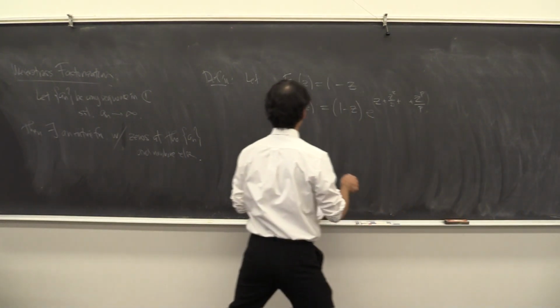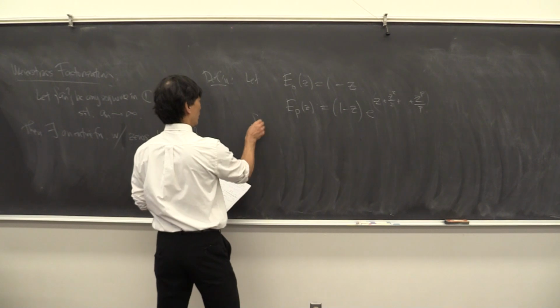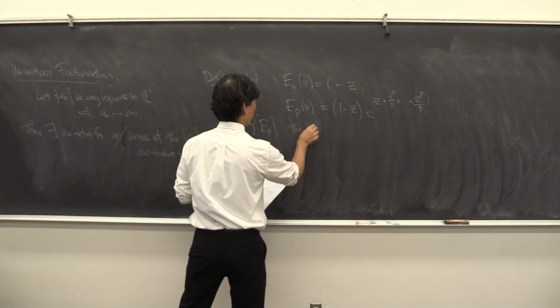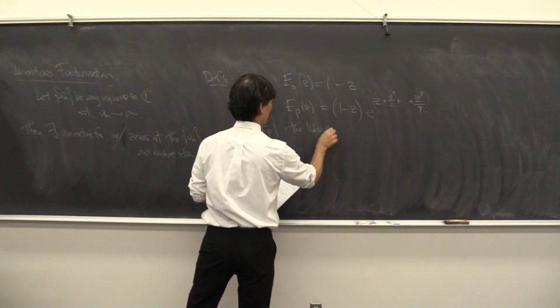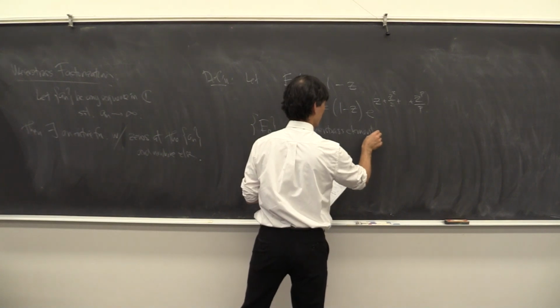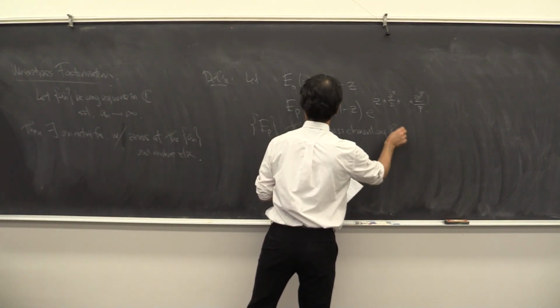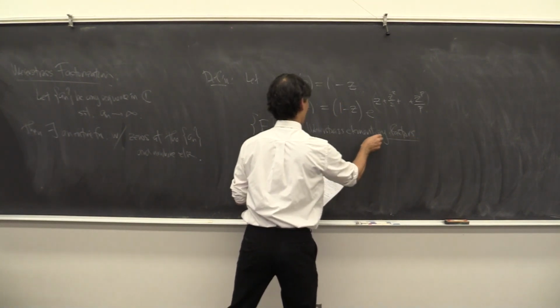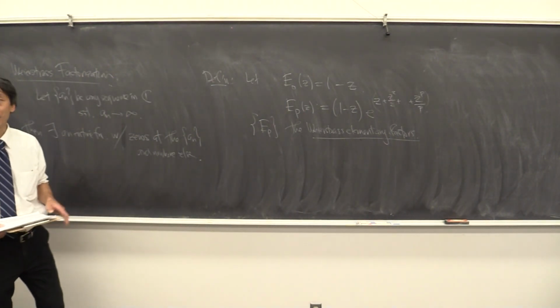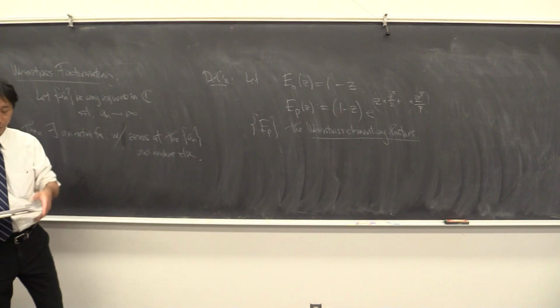Okay, so these E sub P are called the Weierstrass elementary factors, and these are going to be the things that we use to construct the function.